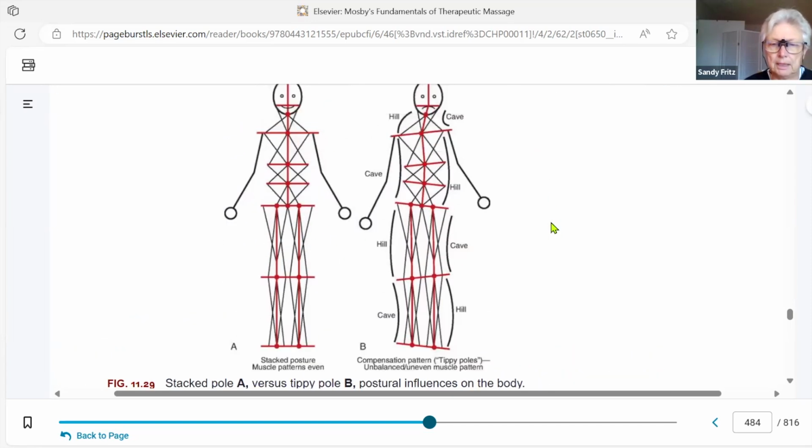So typically, in general, we would apply our massage methods in the caves to bring about a reduction in tone, an increase in pliability, and reduction of the shortening. And then the nervous system would stop inhibiting the muscle structures on the opposite side.